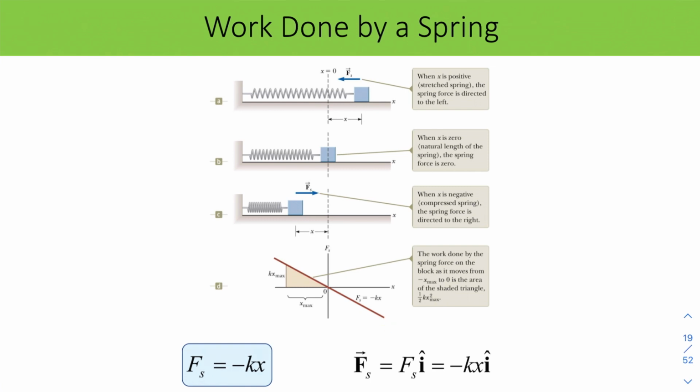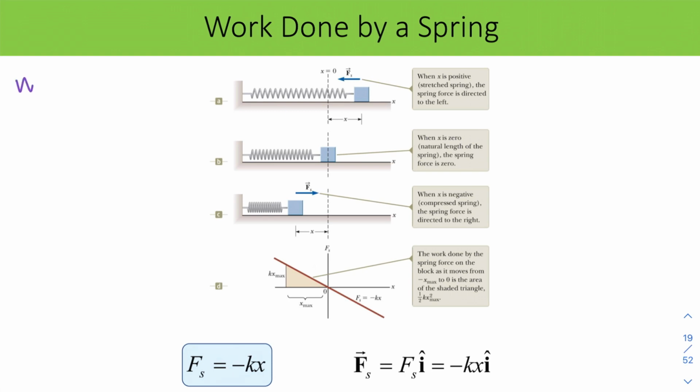So if we refer to this graph, the area under the curve will represent the magnitude of the work done on the system by the spring force. If you refer here, it is a triangle, right? So the formula is the area of a triangle.